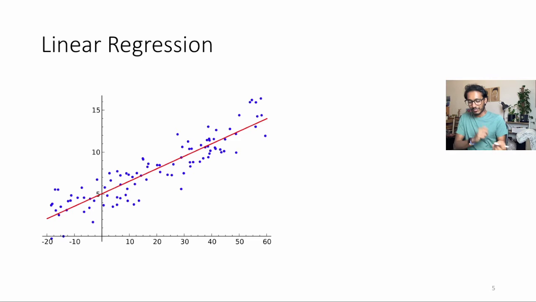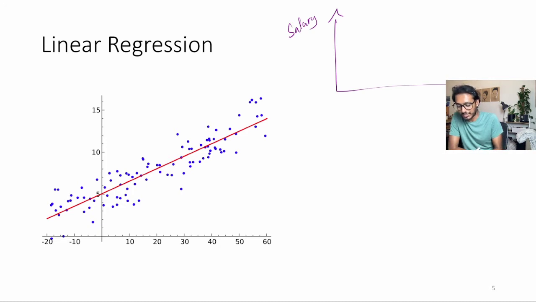So say something like the number of hours you have worked, and you have your salary. We would assume that something like this would follow a linear model.